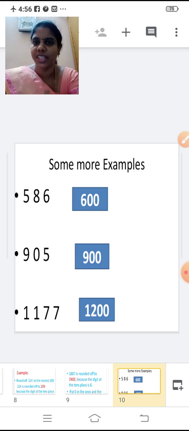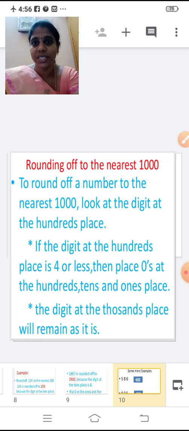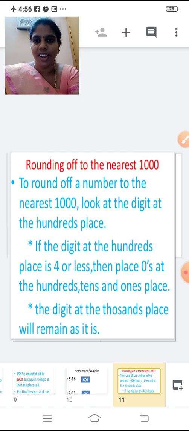What digit are we having at the hundreds place? 1, right? So 1 plus 1, 2. So the hundreds place is now 2. Then thousands place we have 1. So 1177 is rounded off to 1200. Till now clear, children? Any doubts? Shall we move on to the next one?